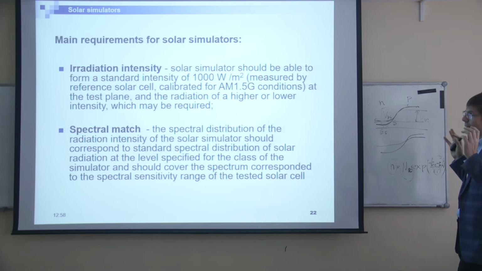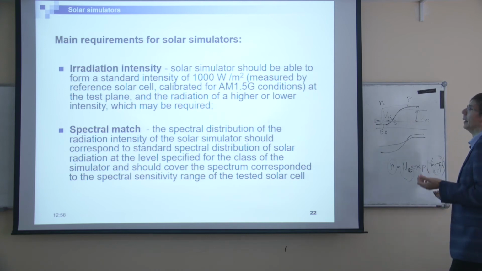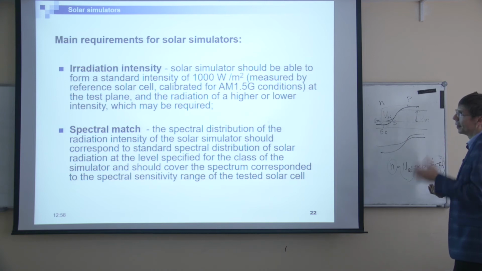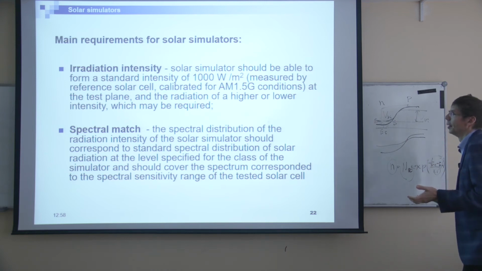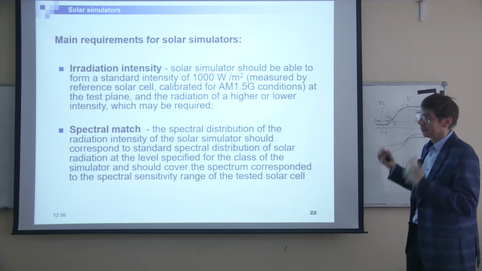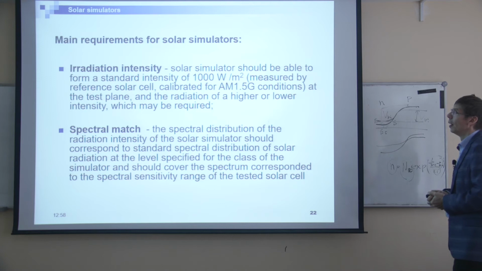Concerning the solar simulator, first of all, we have to specify the main requirements. So, first requirement, it's clear that the intensity of the solar simulator should correspond to the intensity of the standard, should provide standard condition, at least 1 kilowatt per square meter.